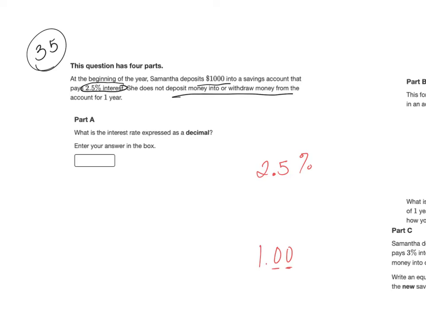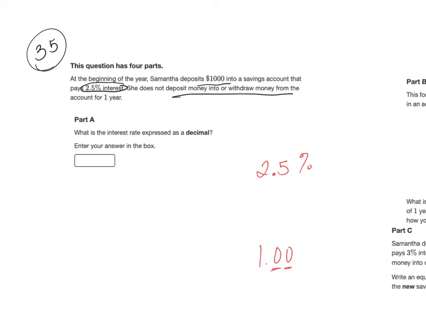So when we are multiplying by 100, we move the decimal place to the right 2 places, because this is the tenths, this is the hundredths. So 100 is represented by 2 decimal places. So to convert the percentage to a decimal, we're actually going to divide by 100.